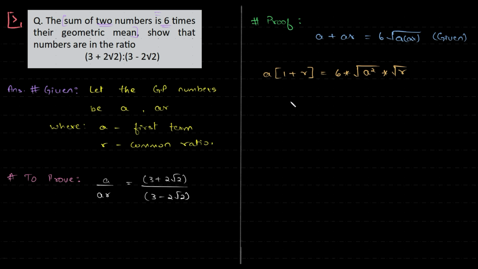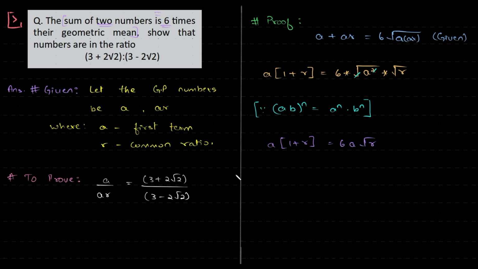So using the identity (ab) to the power of n is a to the power of n into b to the power of n, this and this get cancelled and we have a times 1 plus r equal to 6 times a into square root of r.